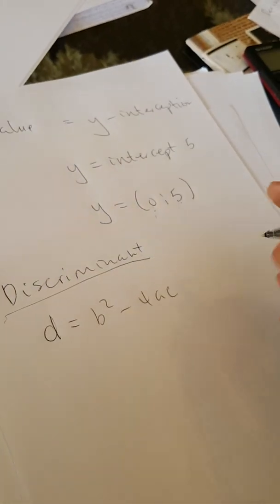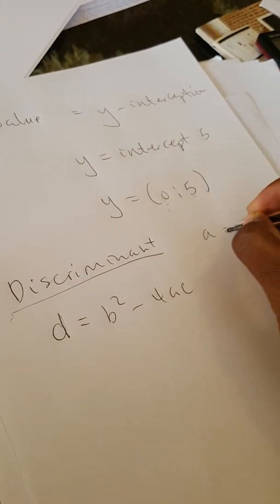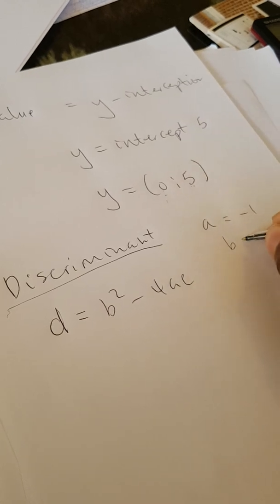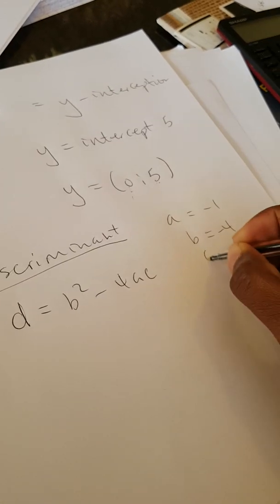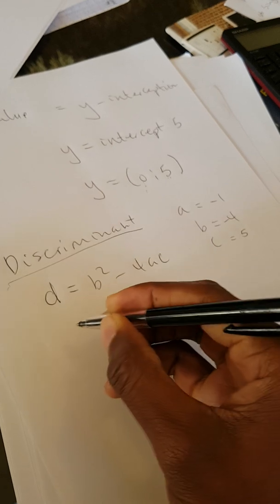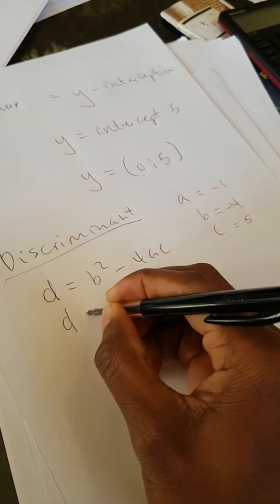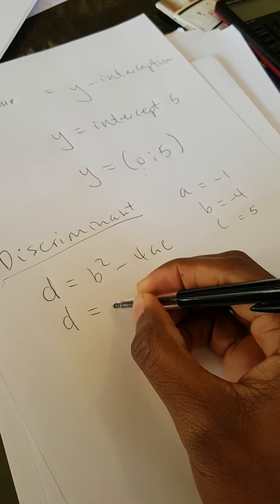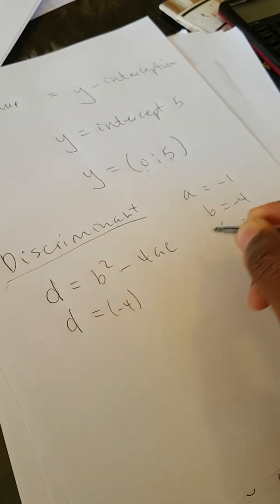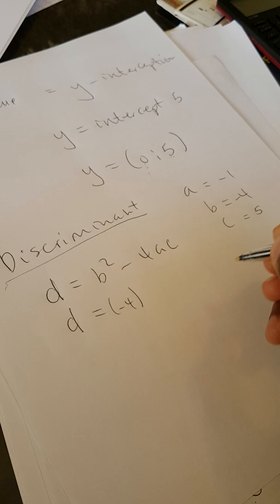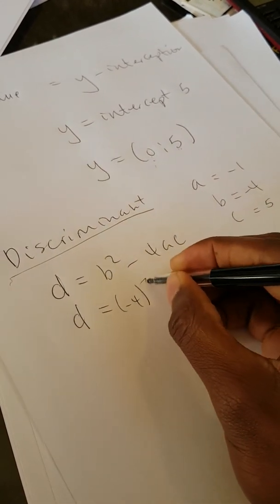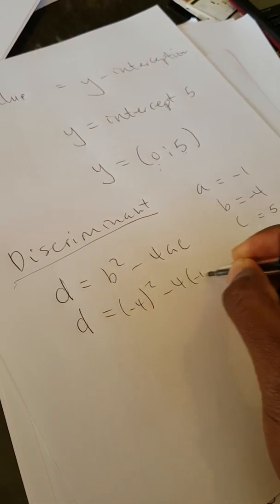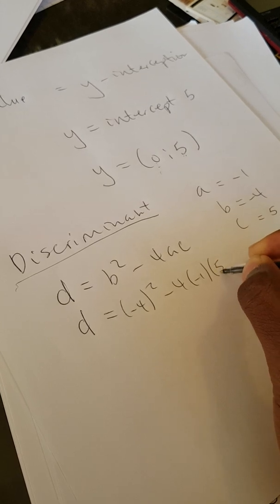So now remember, your a value is -1, your b is equal to -4, and your c is equal to 5. To calculate the discriminant, you will say d is equal to -4, because the b value is -4, to the power of 2, minus 4 times -1 times c, which is 5.